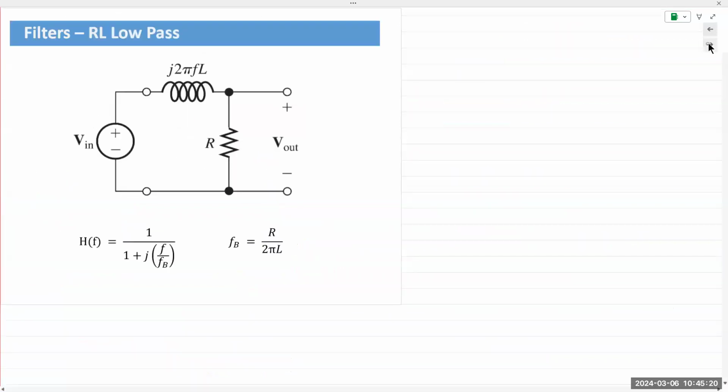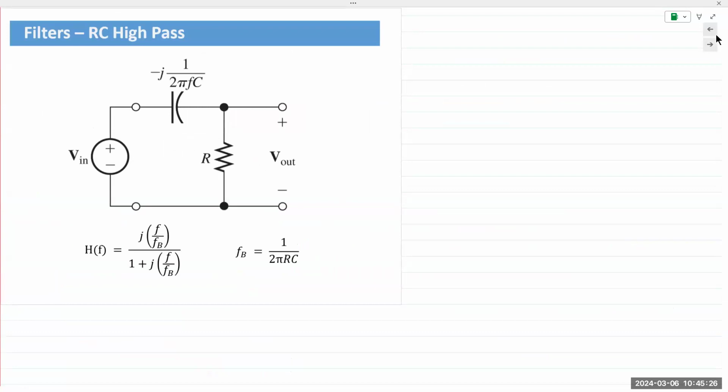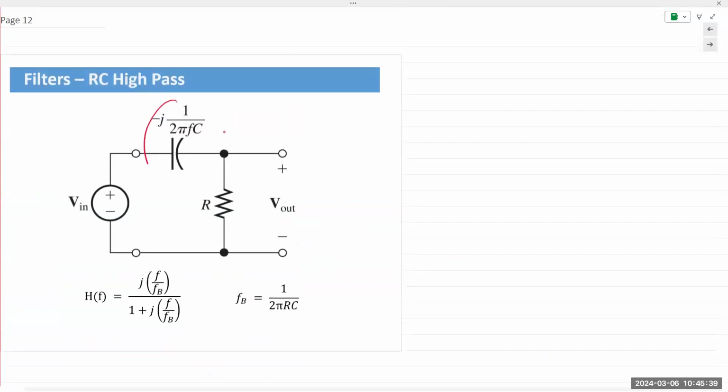So then if I go to RC high pass, meaning if I take the output across the resistor instead of the capacitor. Remember, this is the exact same circuit. It's simply the connection that makes it look different, but it's not different. Instead of taking the output across the capacitor, you are now taking the output across the resistor.